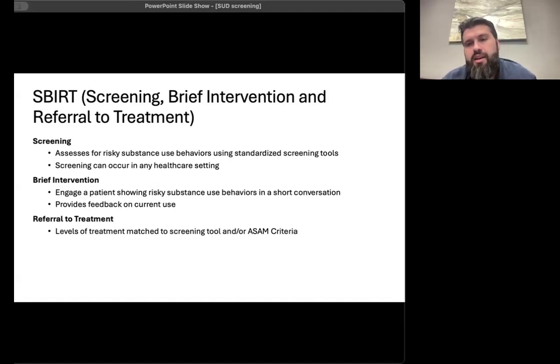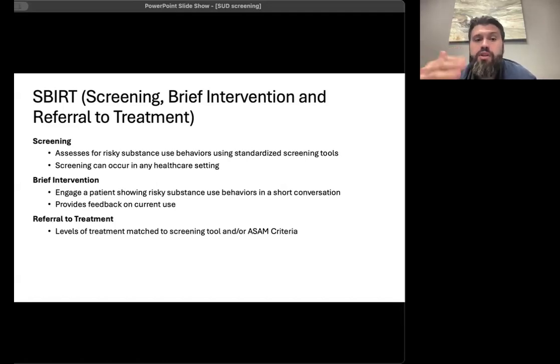And I'll say this, as a specialist, I'm usually on the receiving end of these SBIRT things. I'm not really the one that actually performs this, but I can give you some outsider perspectives on how this could actually work. So really what it works, again, is the screening part. We're going to jump into that here. We're going to go through what those screening tools look like and what the different levels of those are.